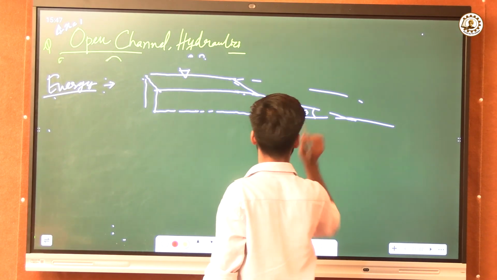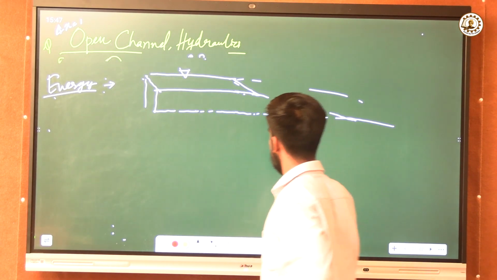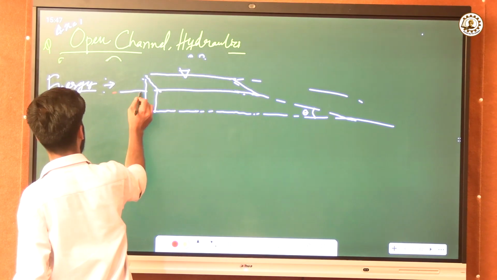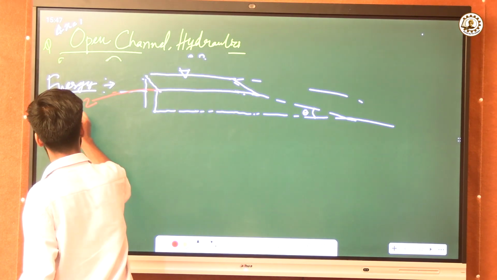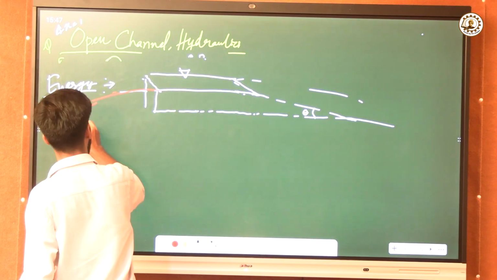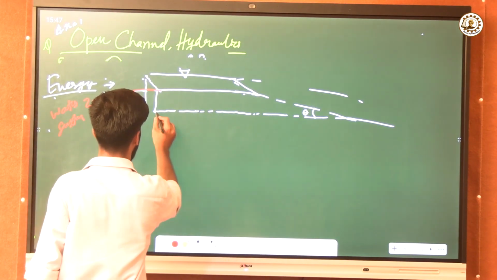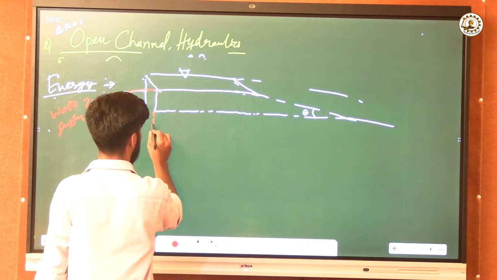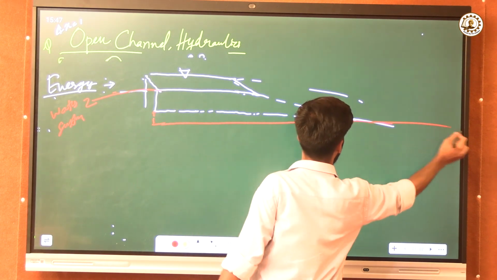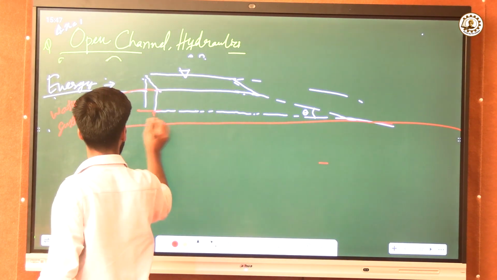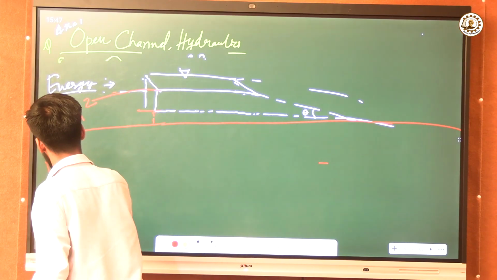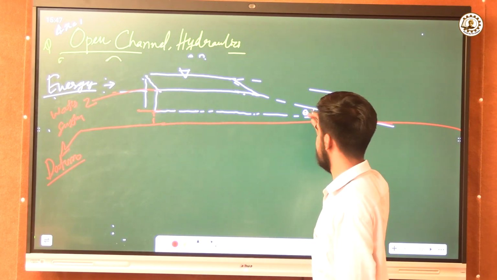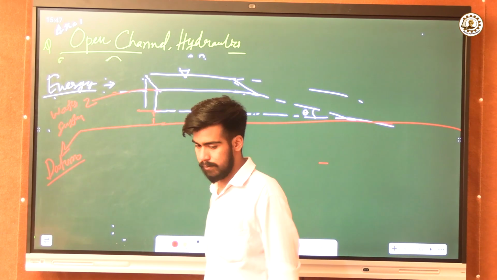This is the theta we get. Now this is the water surface, and that red color thing becomes our datum level. This is our slope, this is our water surface.